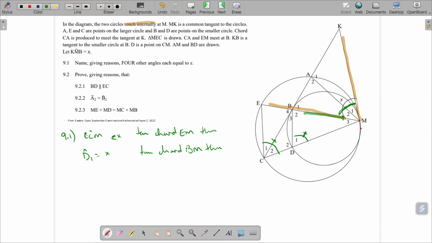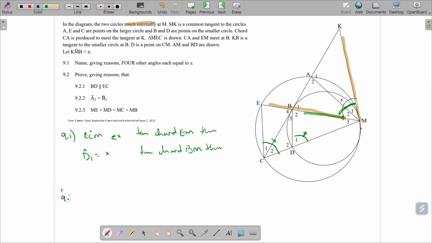Okay, so what I'm going to do quickly is fill in 9.2.1. As I said, we've already been able to spot quite quickly that ECM equals D1 equals X. Therefore, BD is parallel to EC, corresponding angles equal.